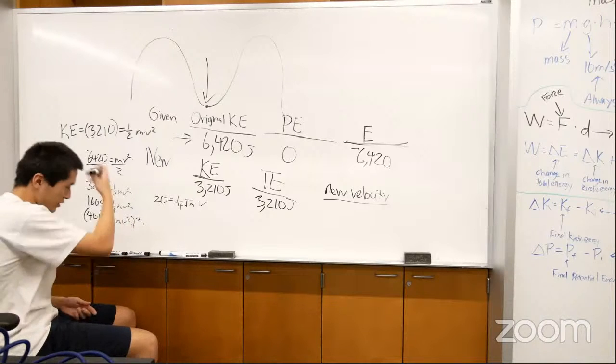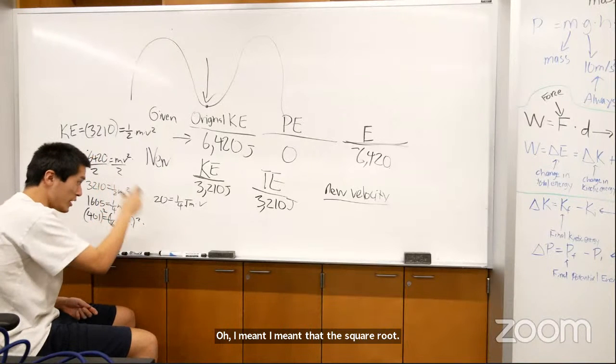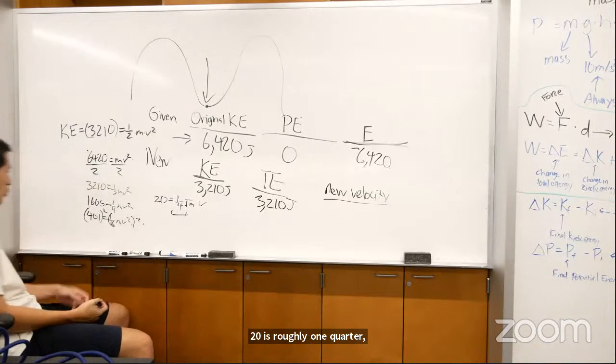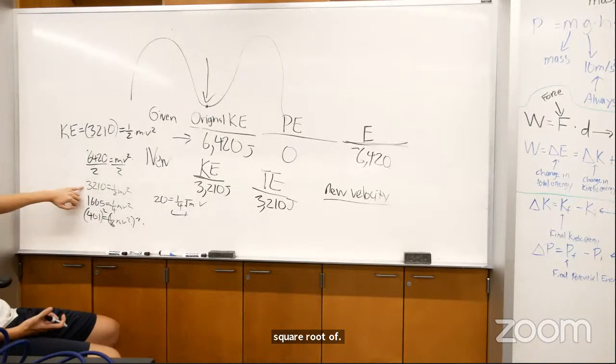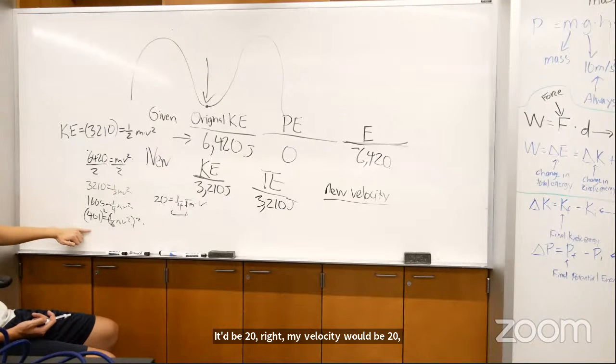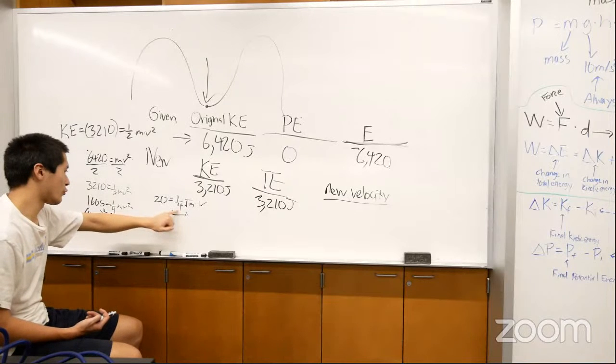Okay, so the thing is, you have 20 is equal to, you still have this 1/4 term. Because what happened was I divided 3,210 by 2, because we wanted to divide by 2, and then you square rooted it, and then you divided it by 4 again to get 1/16. I square rooted it, so I got rid of the 400, it's 20, but I still have this 1/4 term.